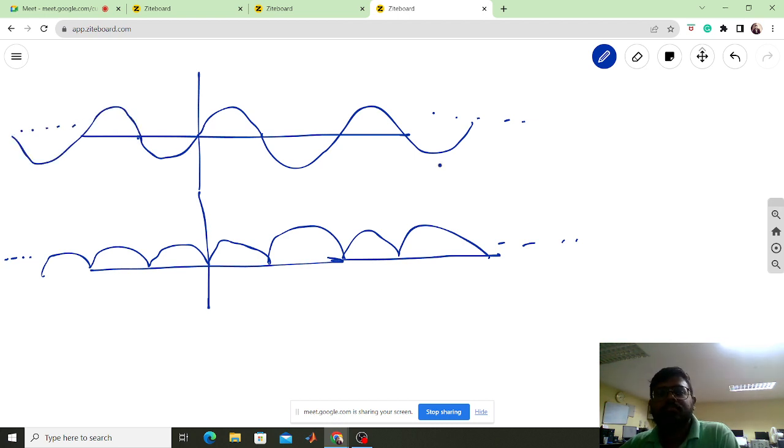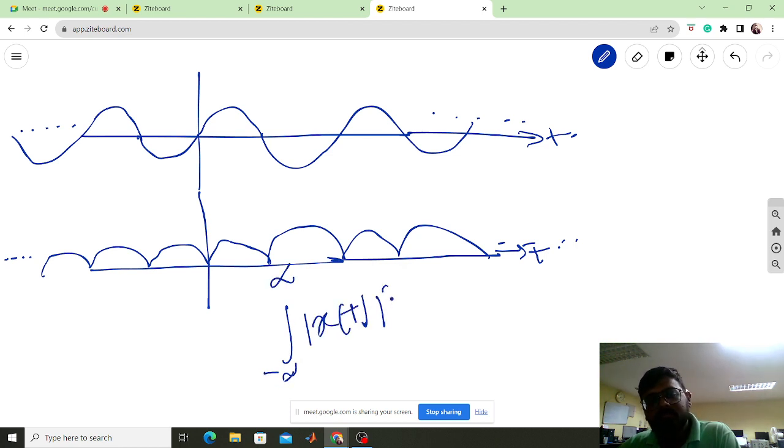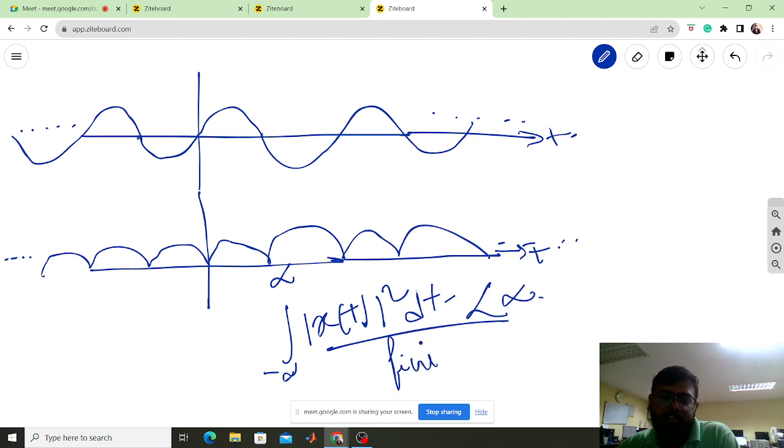Basically, if you integrate such a signal from minus infinity to infinity, this integration will not be a finite quantity, because it does not converge, nor does it vanish after a particular time limit.